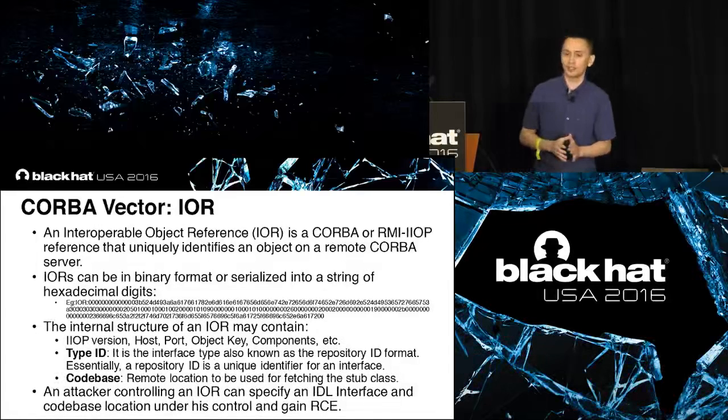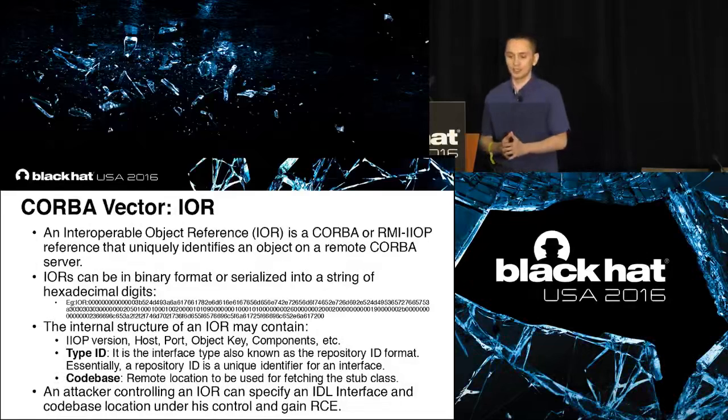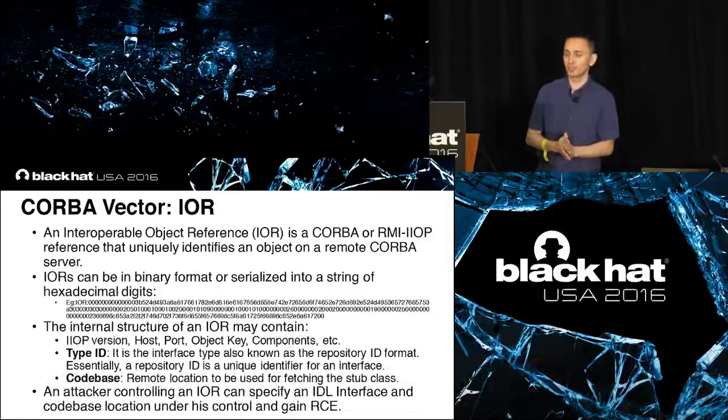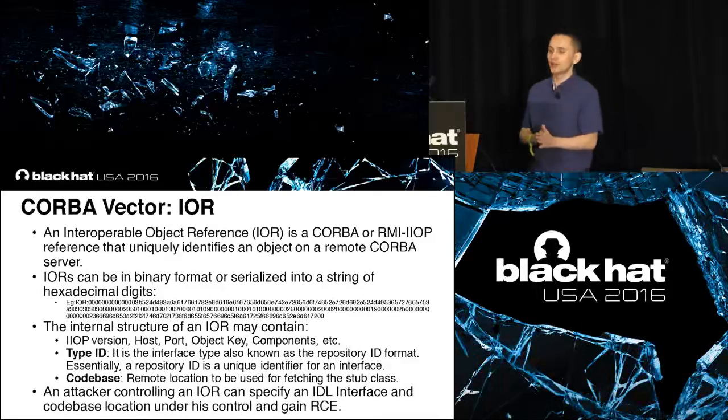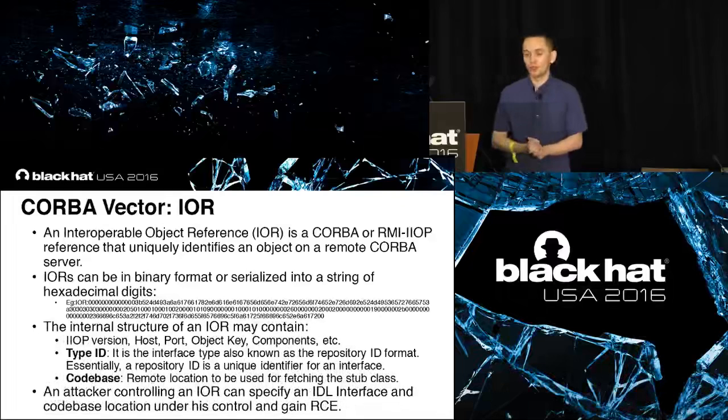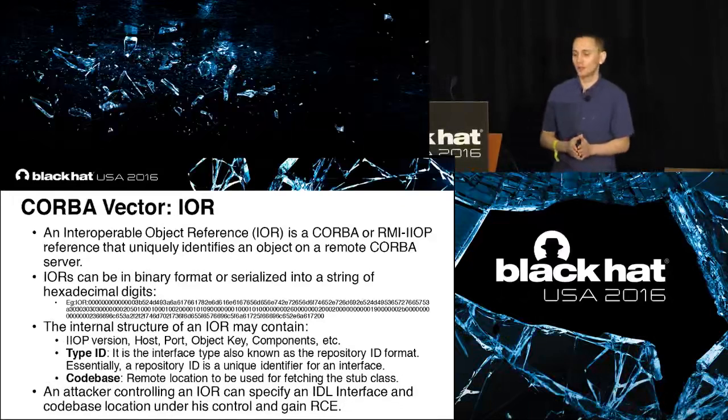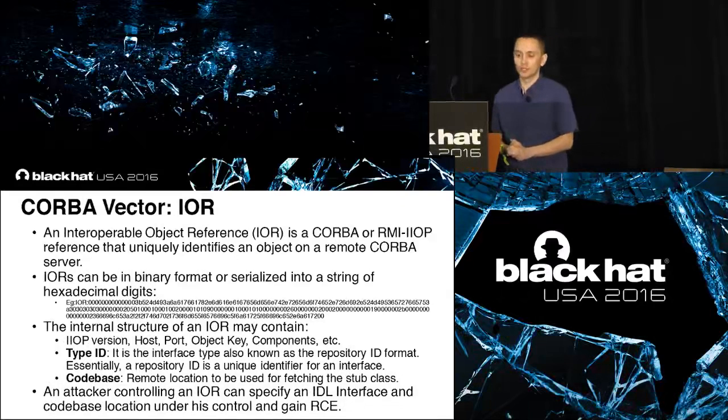We are interested in the next two fields. It's the type ID. From this field, Java will take the class name of the factory and stub classes, and the code base, that is, from what location this class will be loaded. So if an attacker specifies their own type ID and code base, they will be able to execute their own Java code.